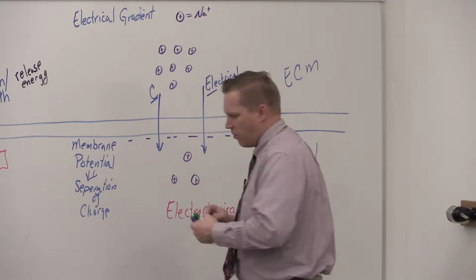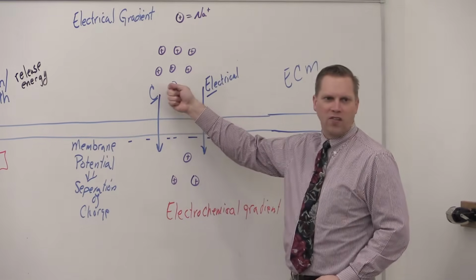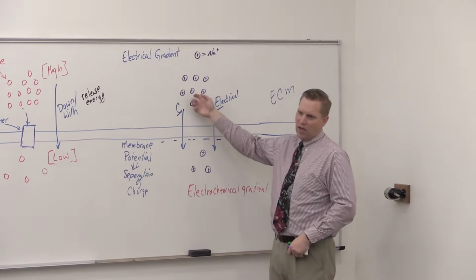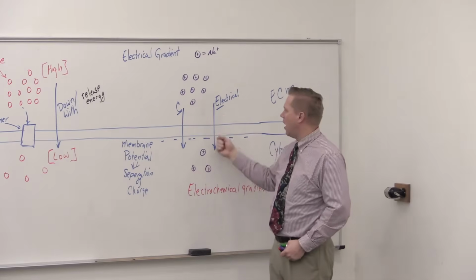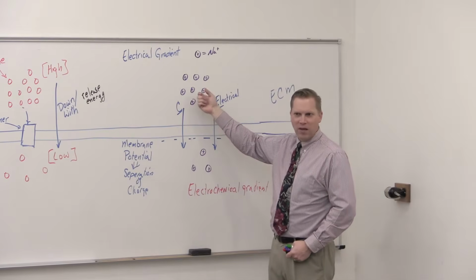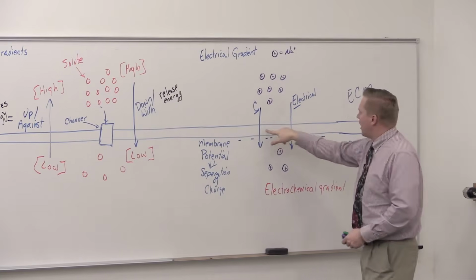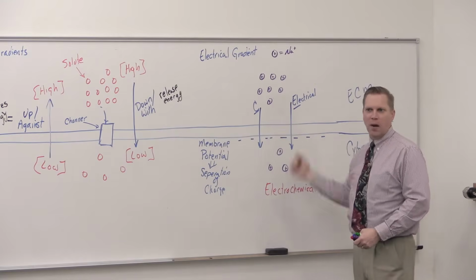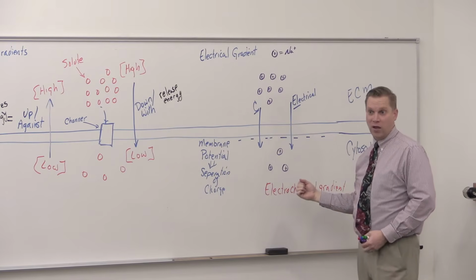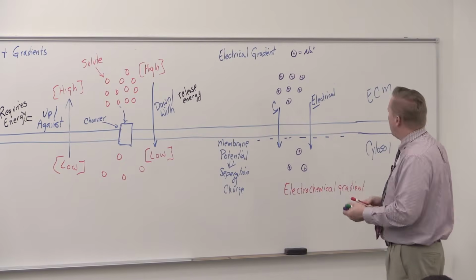And the electrochemical gradient, again, is the sum of these two forces, the concentration gradient, which in this case would pull the solute inside the cell, and the electrical gradient, which is pulling the solute, because it's positively charged, into the cell. So in this case, the two forces are combining to work with each other. So they're summative, they're adding to each other. That's not always the case, though.